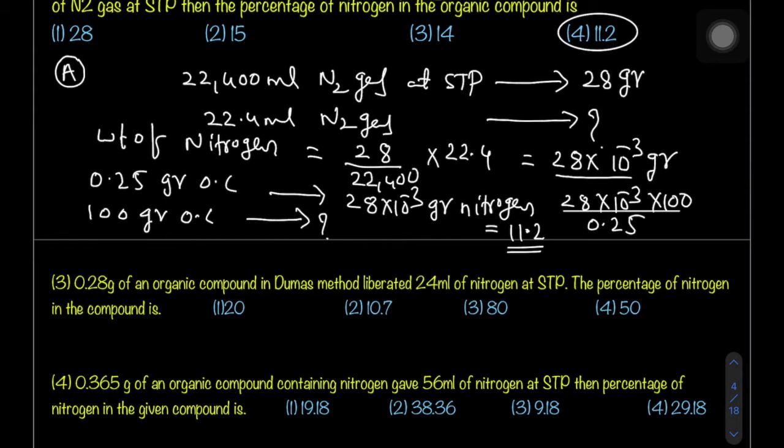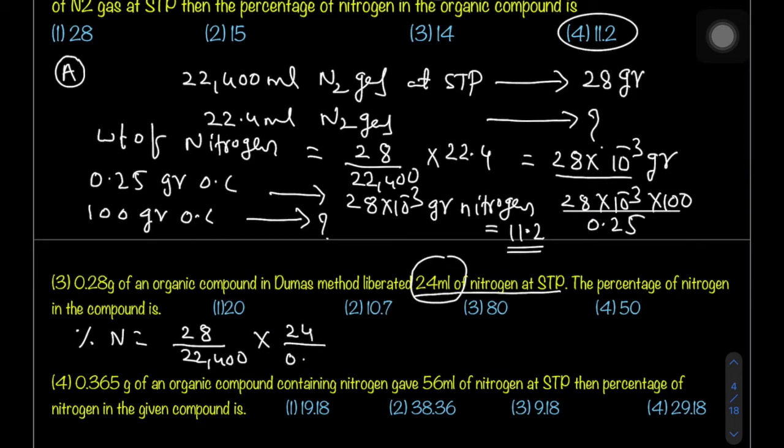Here, 0.28 grams of organic compound in the Dumas method liberated 24 ml of nitrogen at STP. What is the percentage of nitrogen? So directly we can use: percentage of nitrogen is equal to 28 by 22,400 into volume of nitrogen at STP condition, given 24, by weight of the organic compound given to you, 0.28, into 100.